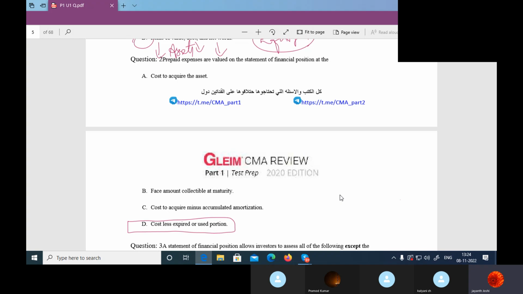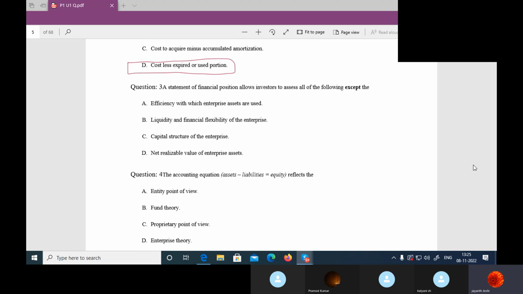So cost less expired, that means you have already paid. Okay. Next question's answer.